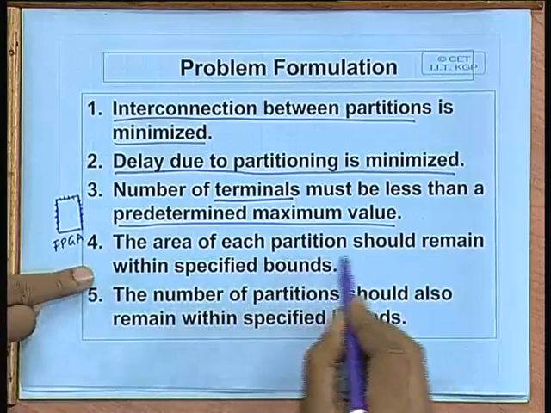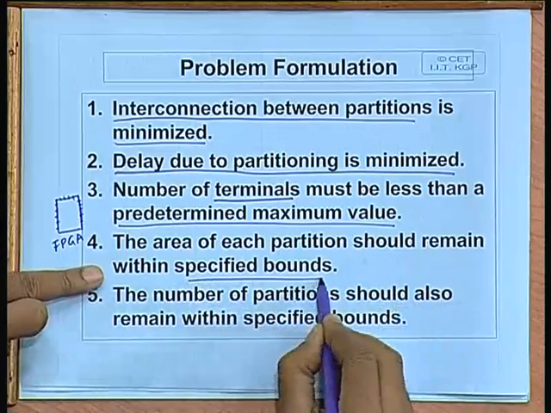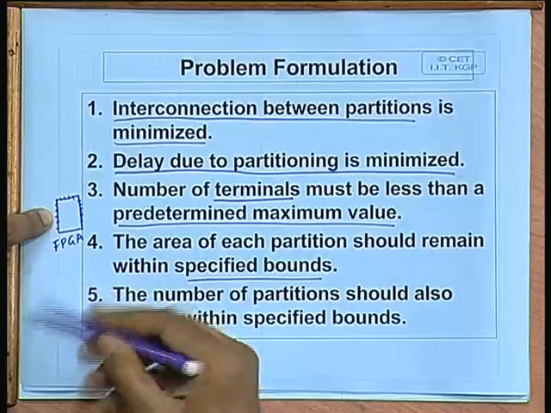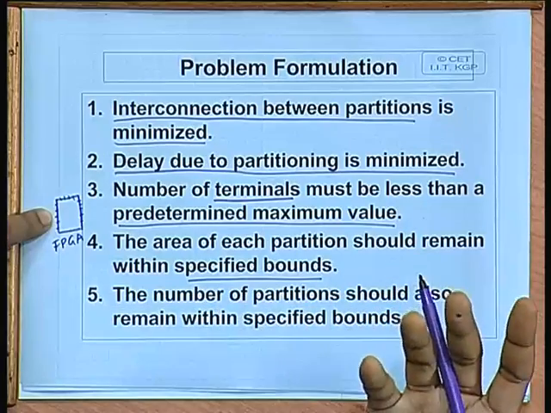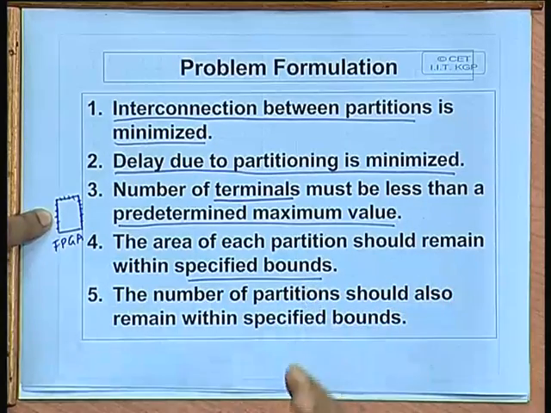The area of each partition should remain within specific bounds. Again, for FPGA this is obvious, you have the maximum size of the chip, and even for ASICs there are also some rules of thumb. You will not want one particular module or cell to become larger than a certain size because of design constraints and other limitations.